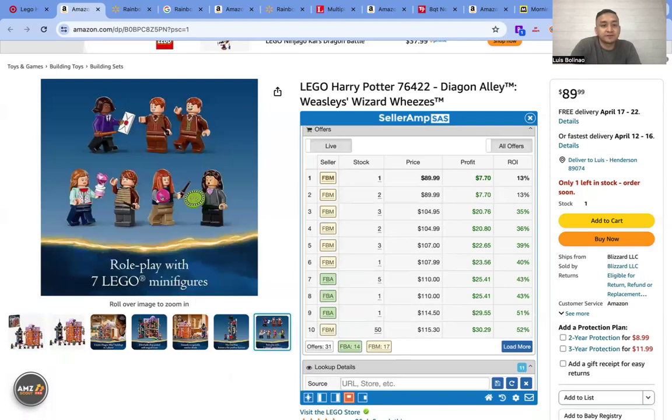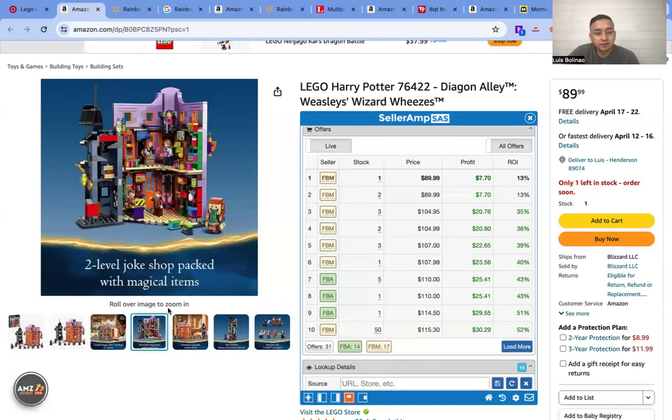Here, let me type in the chat too. 52 sales per month, 13% ROI minimum, right? Would you guys do it? I mean, it goes higher here though, right? After the first 2 sellers, the ROI jumps to at least 35%, and it goes higher and higher from here.